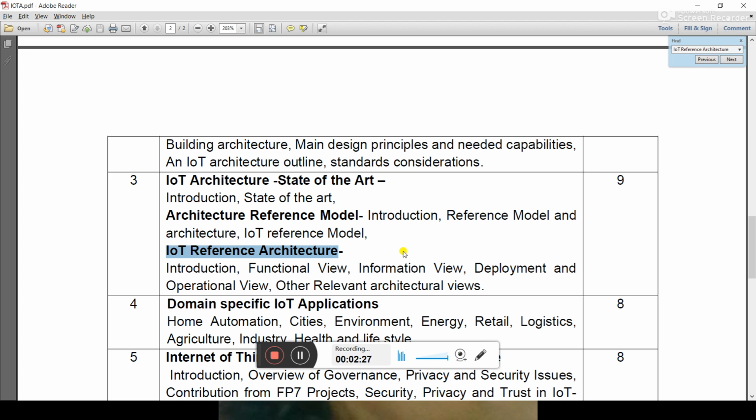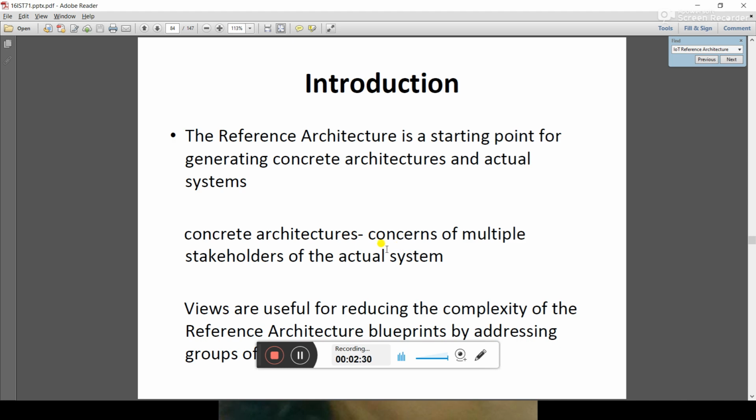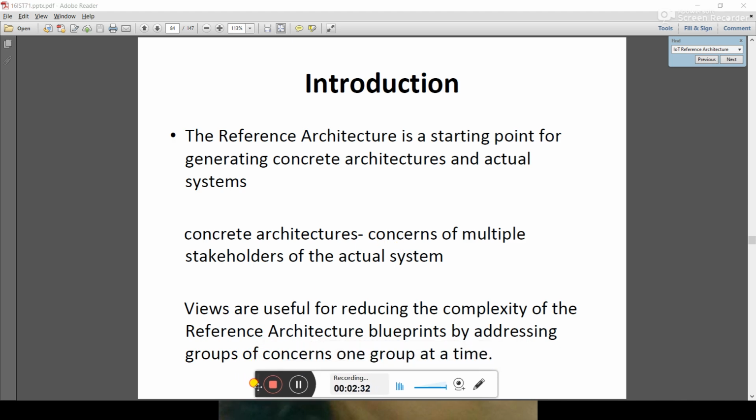For such an architecture we need to find a reference model and reference architecture for IoT. Let's see in this example how the reference architecture actually works. The reference architecture is a starting point for generating concrete architectures and actual systems. If we want to develop an industry on IoT, then we need to develop a concrete architecture and actual systems.